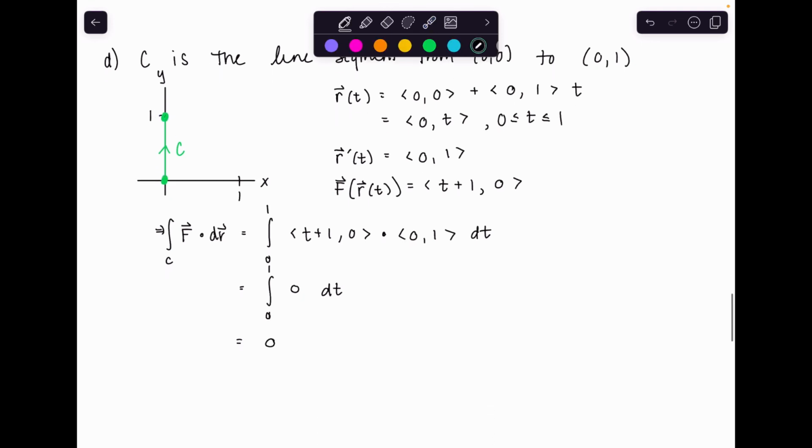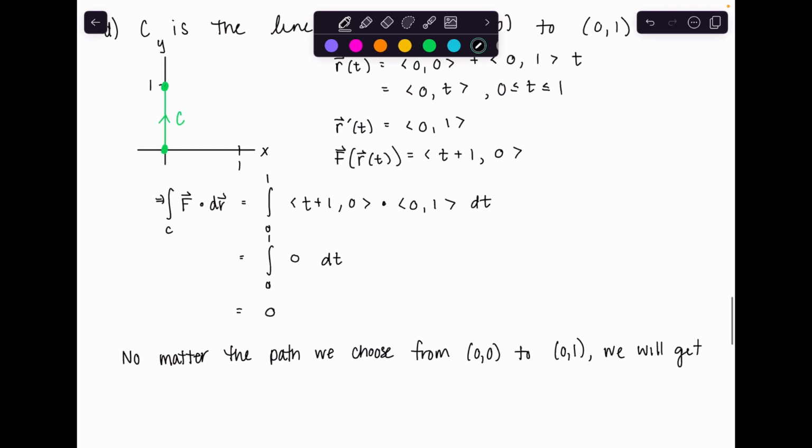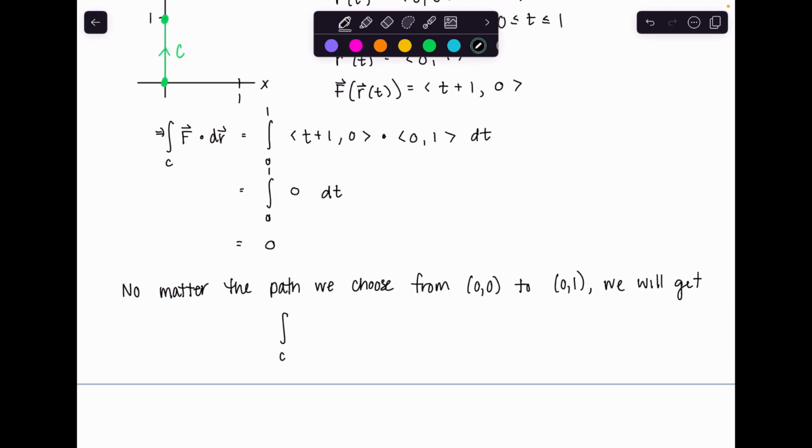So no matter the path we choose from 0, 0 to 0, 1, we will get that the line integral over that curve of f dot dr equals 0.